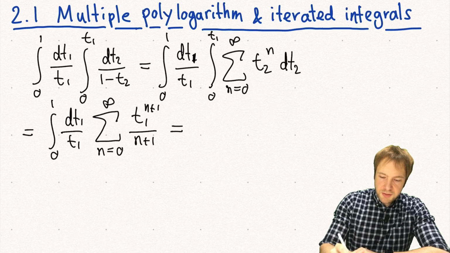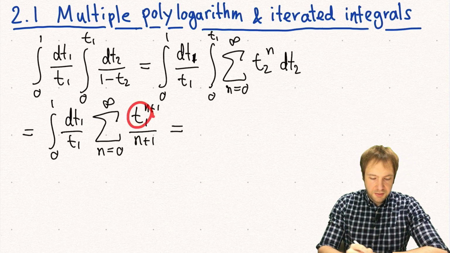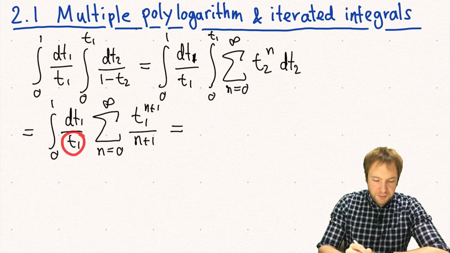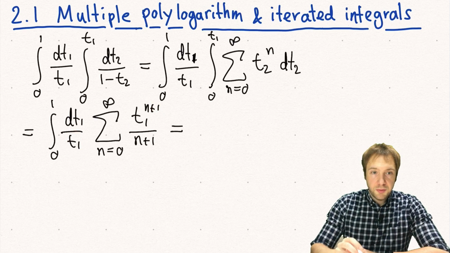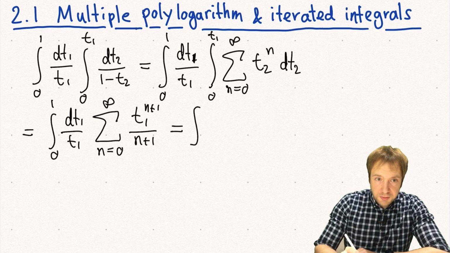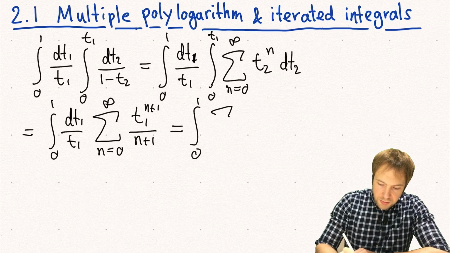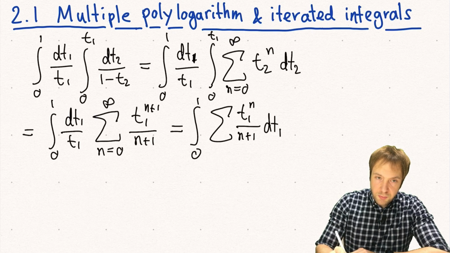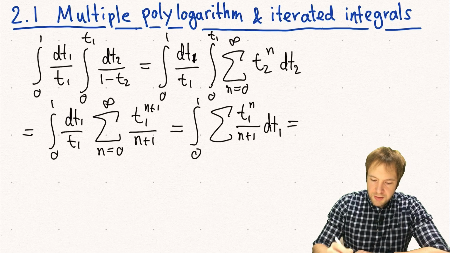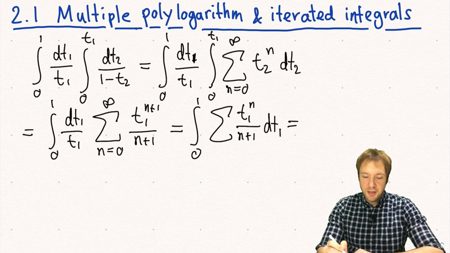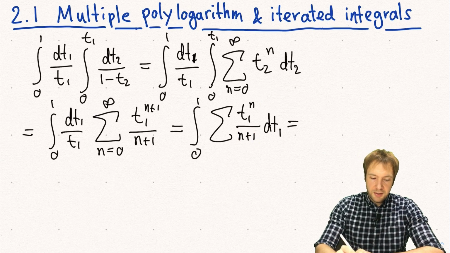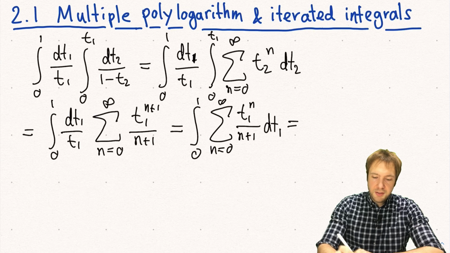Okay, and now this is just an integral in t1, and also here this t1 removes this 1 there, so we just have the integral from 0 to 1 of the sum of t1 to the n over n plus 1 dt1. And again, taking the integral with respect to t1, we get another n plus 1, so we get an n plus 1 squared. And here the sum is still from 0 to infinity.